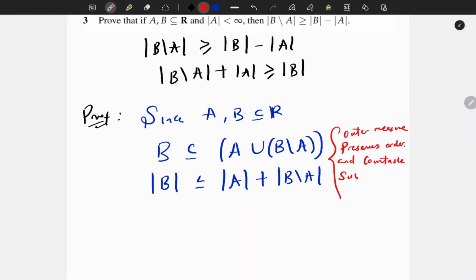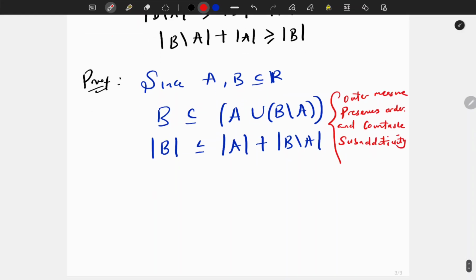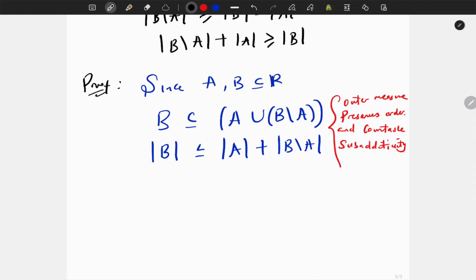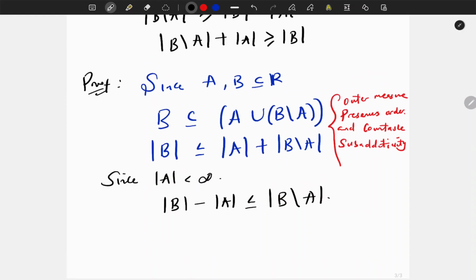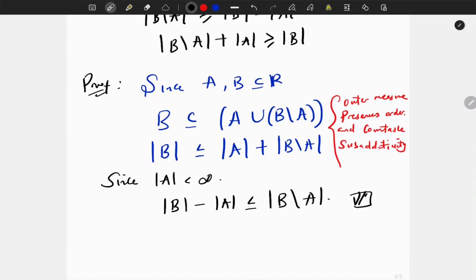Then we can rearrange, since the outer measure of A is finite, and we have the outer measure of B minus the outer measure of A less than or equal to the outer measure of B take away A, and that gives us the proof. So that is also a nice question. Let's go to question number 4.